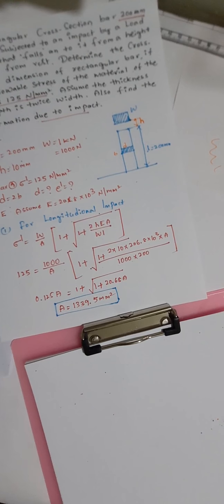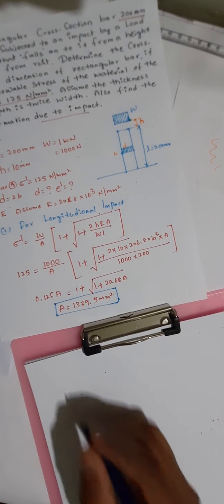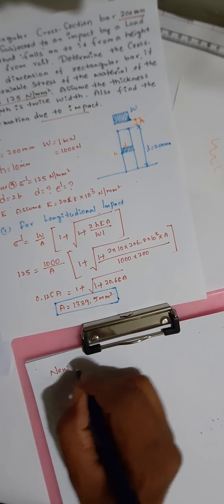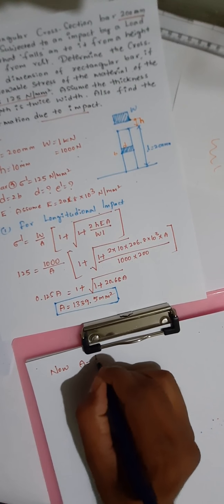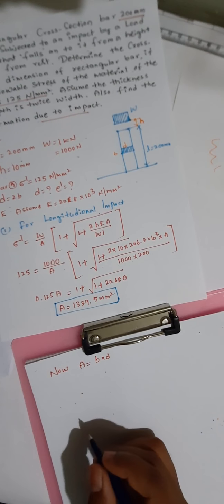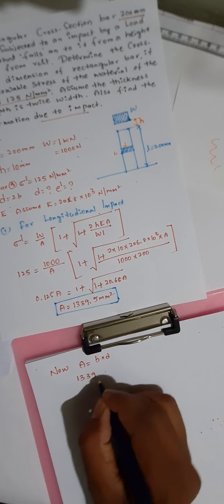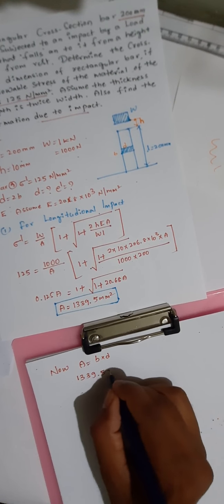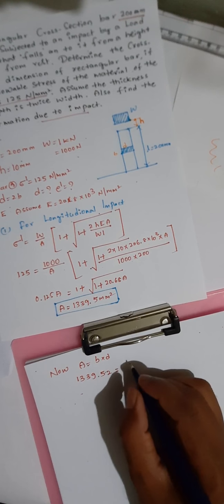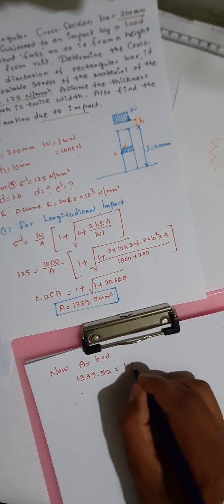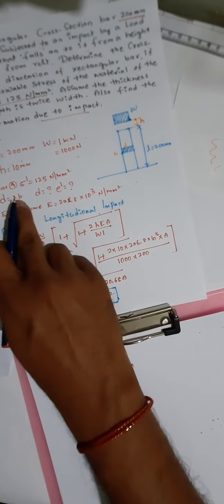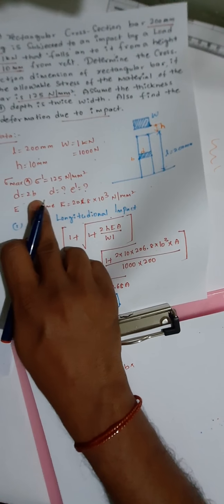We know the area; with respect to this rectangular section, A is equal to B into D. So 1339.52 is equal to B into D, and D is equal to 2B as per the given problem.